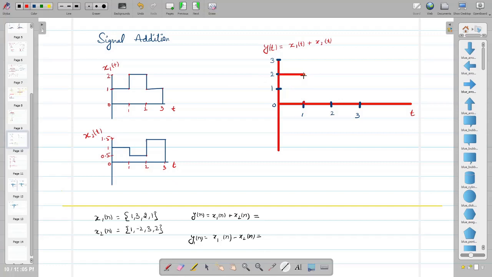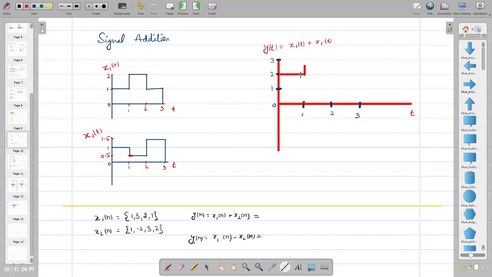After that we have 0.5 here and 2 here, so they add up and land at 2.5, because it is 2 and 0.5.